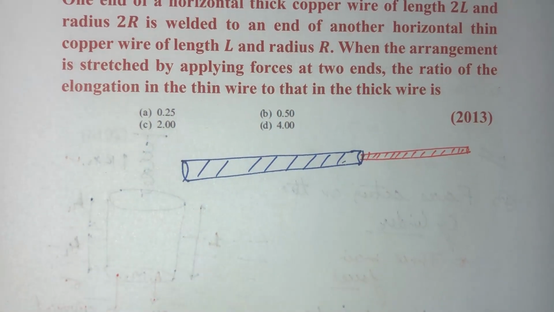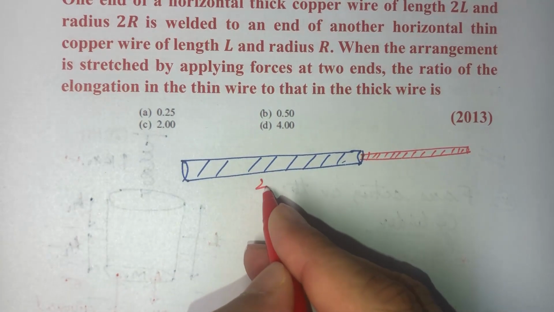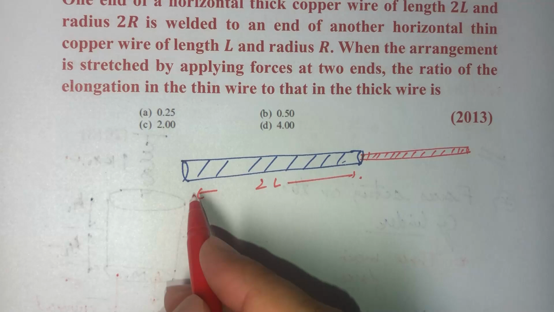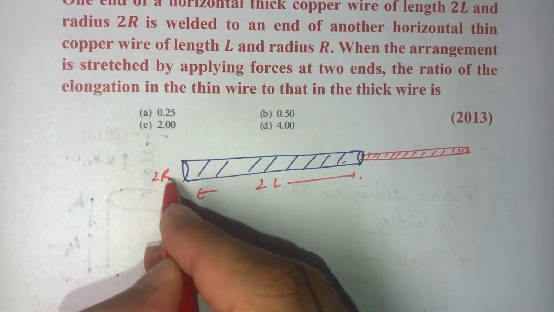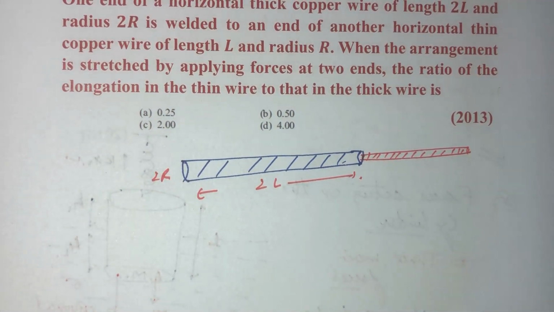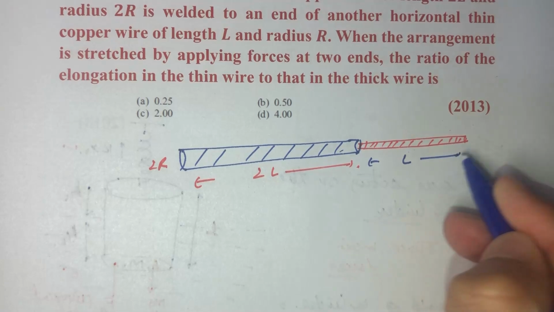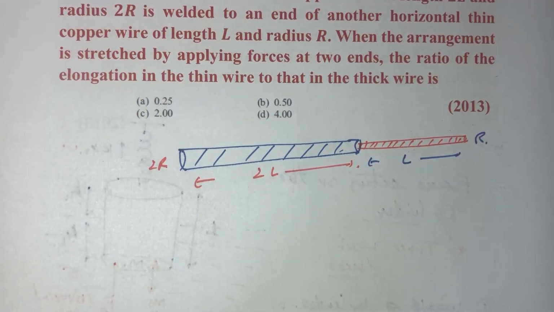The length of thick copper wire is given as 2L, and the radius is given as 2R, and the length of thin copper wire is given as L, and radius is given as R.